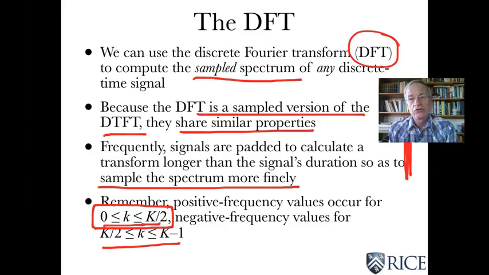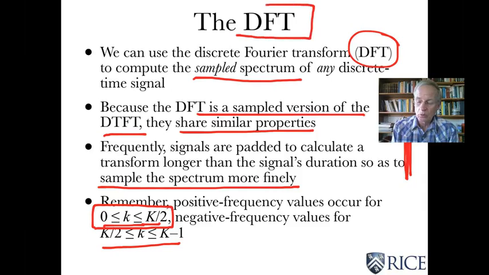So there's no real reason to plot it. You see what I did when I did the plots. I only plotted over that range. The other part I can find because of the conjugate symmetry properties. So this is the DFT. This is the workhorse in computing the spectrum of a signal in the digital signal processing world.